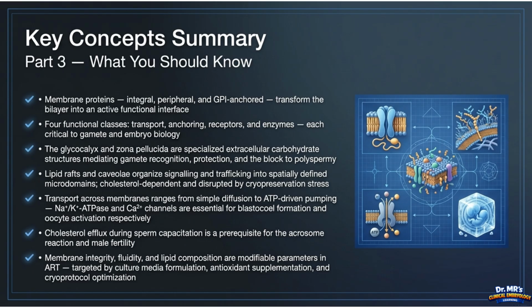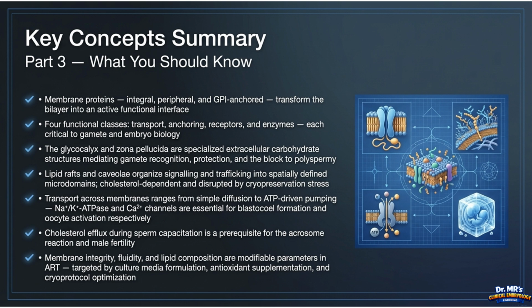Transport across membranes ranges from simple diffusion of nonpolar molecules to adenosine triphosphate-driven active transport against gradients. The sodium-potassium adenosine triphosphatase in the trophectoderm is essential for blastocoel formation.